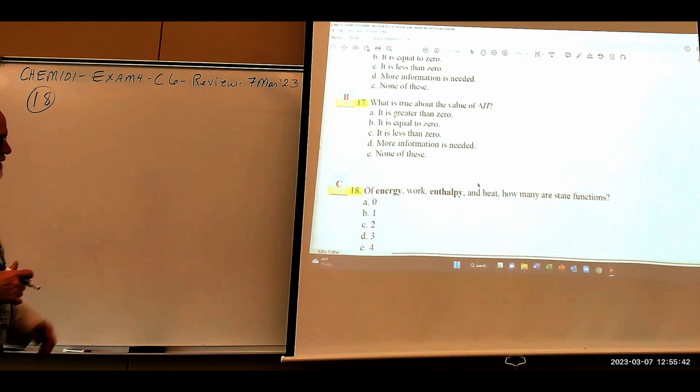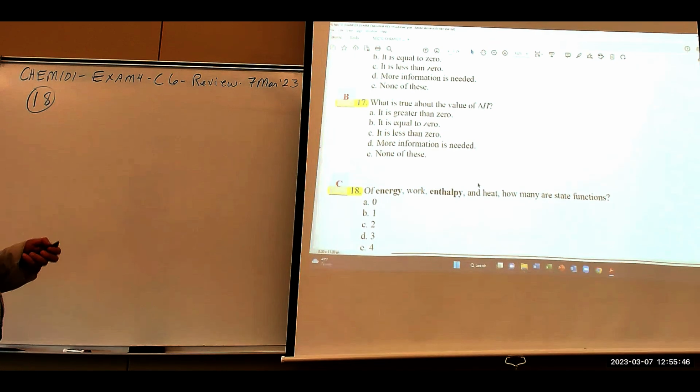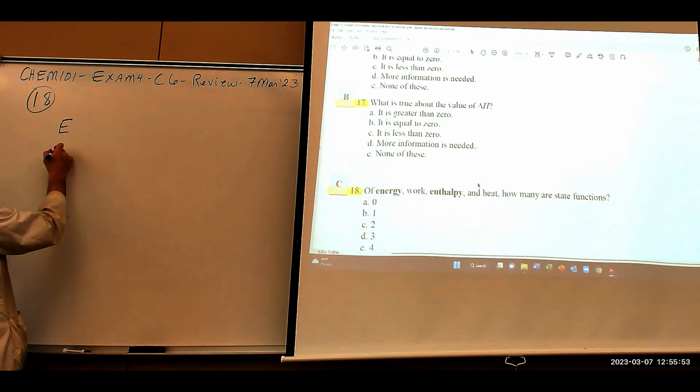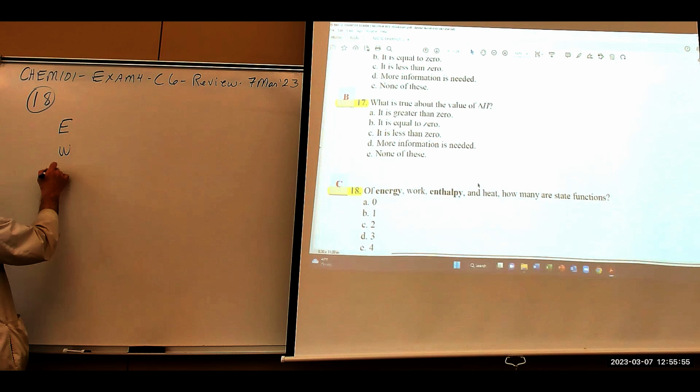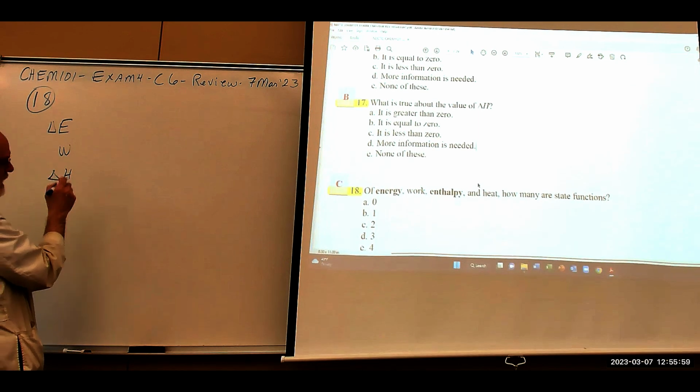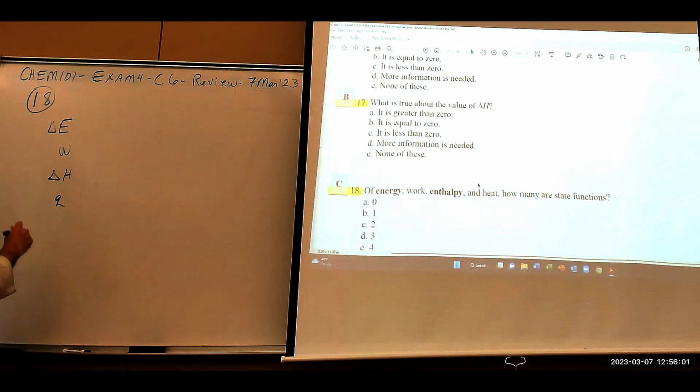How many are state functions? Oh, I left the highlights here. Yeah, bolded. All right, so we've got energy, work, enthalpy, and heat. The only state functions in there are these two.